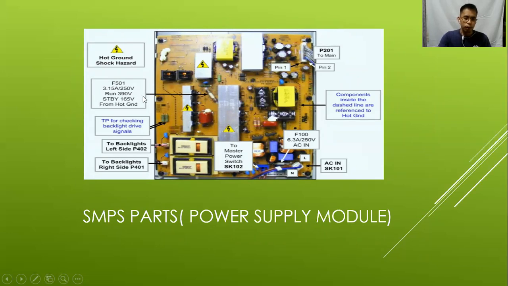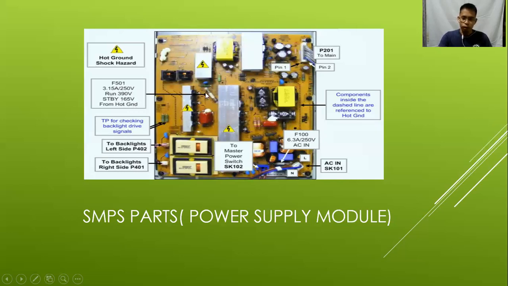It has a fuse, F501, 3.15 ampere, 250 volts AC, and could run to 390 volts, and the standby power of 165 volts from hot ground.